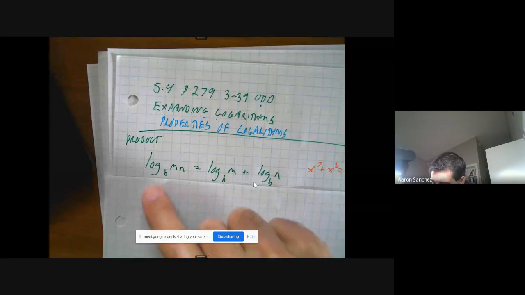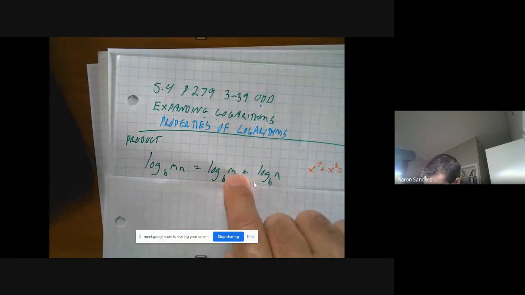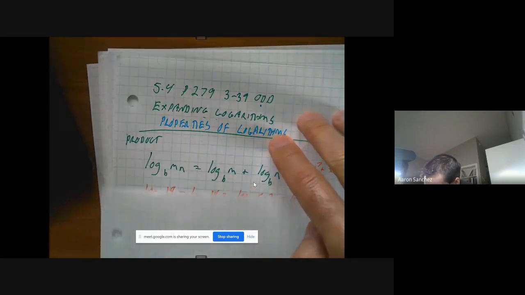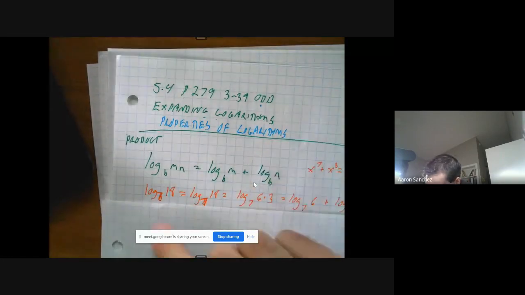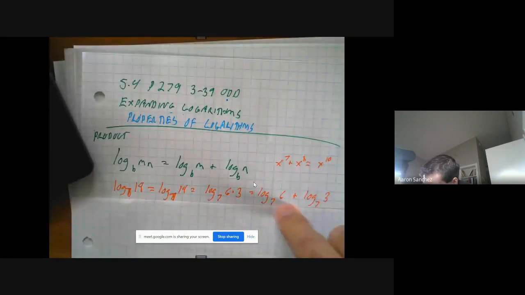But log base b of m times n is the same as log base b of m plus log base b of n. As long as the base is the same, I can split it up. So it'd be like saying log base 7 of 18 is the same as log base 7 of 6 times 3. Notice I got log base 7. I can make that into log base 7 of 6 plus log base 7 of 3.